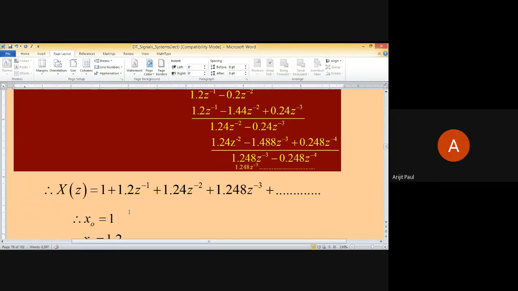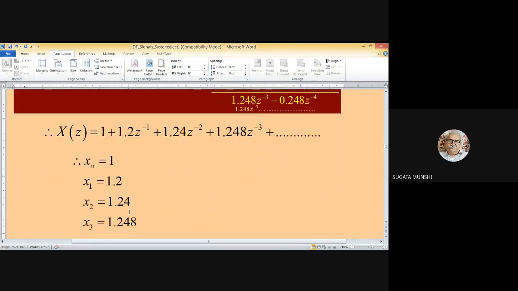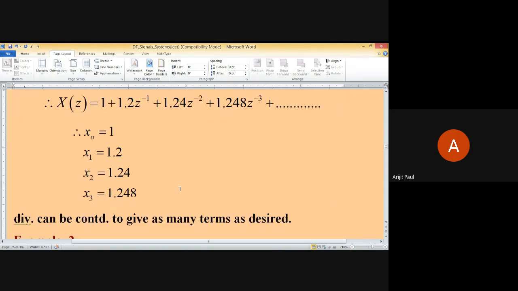X0 is 1, X1 is 1.2, X2 is 1.24, X3 is 1.248, etc. In the exam, of course, if you are asked to find out the inverse Z transform by long division, the number of terms will be mentioned explicitly. Division can be continued to generate as many terms as required.